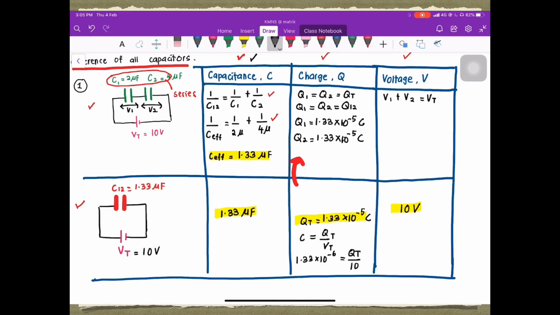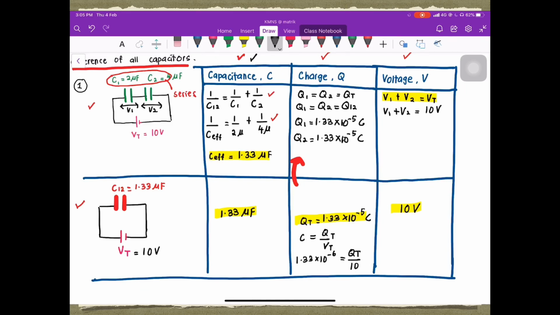For the series combination, for the voltage, V1 plus V2 equals V total, so V1 plus V2 equals 10 volt.